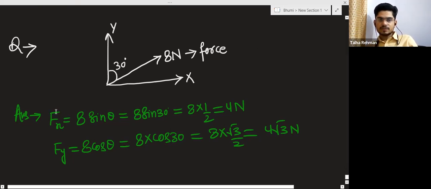Fx means component of force along x-axis. Fy means component of force along y-axis.